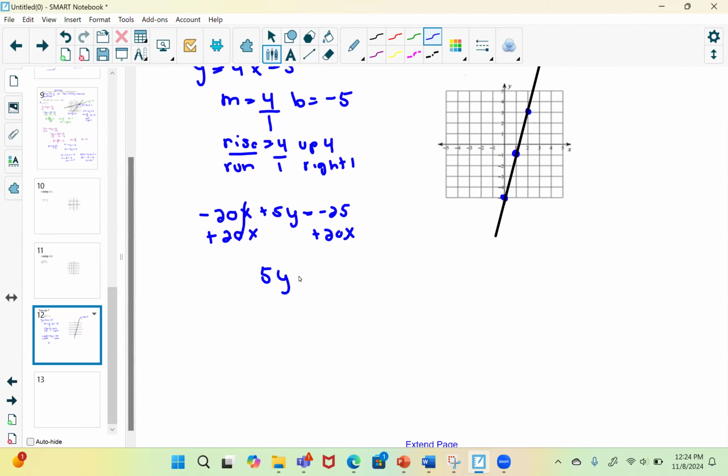I get 5y equals 20x, because that's positive, minus 25. This was negative. I still have a 5 times y, so to solve, I divide everything by 5. And we get y equals 20 divided by 5 is 4, x minus 25 divided by 5 is 5.